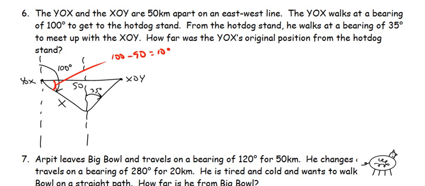If that's 10 degrees, don't you guys agree that this is a right angle here for both of these? Right? It's a right angle. So if that's a 90-degree angle and that's 10 degrees, don't you guys agree that this angle right here is going to be 80 degrees? Because it's 90 degrees here, so the other two angles have to add up to 90 also. And if that's 10, that's got to be 80 degrees.